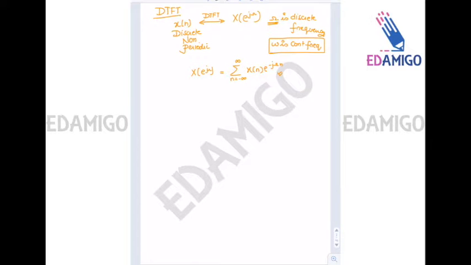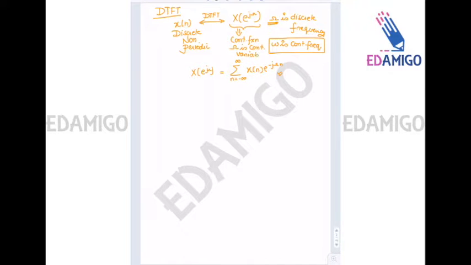One more thing, we also know that this function is a continuous function because σ is a continuous variable.